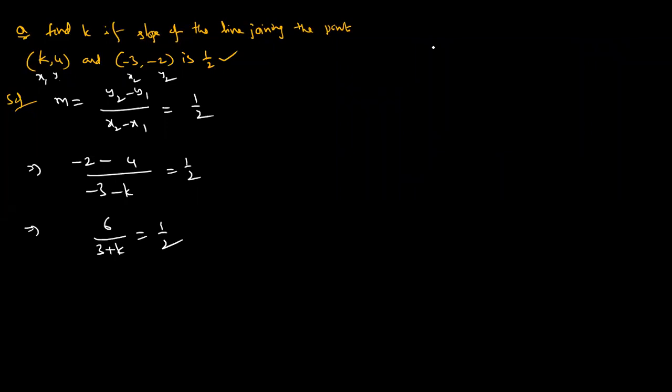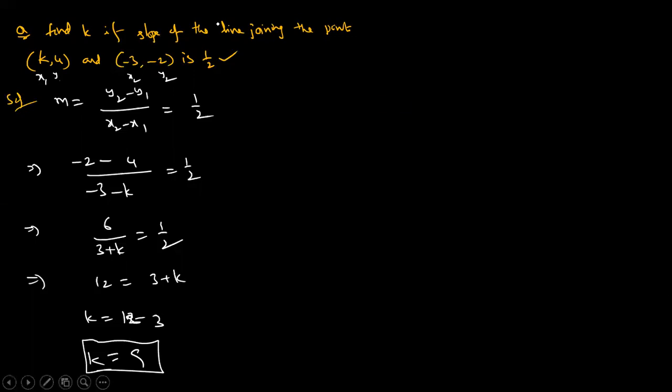Check it once again. So what is the result coming? 12 is equal to 3 plus k. So the answer is 9. Correct. The students are making silly mistakes here only. Be careful.